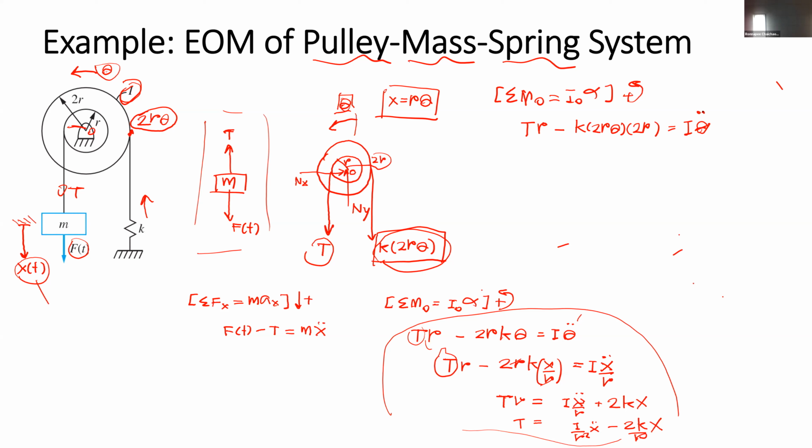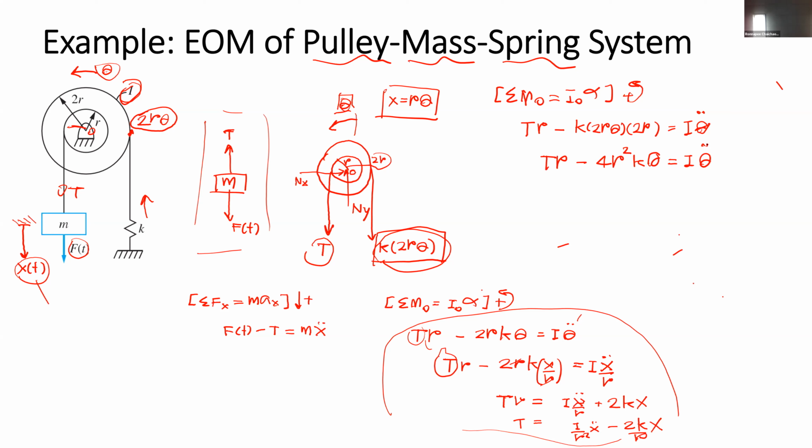And yeah, TR subtract 4r squared k theta equal to I theta dot dot.